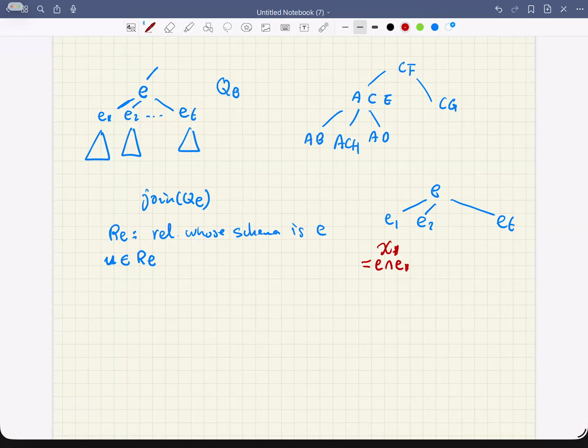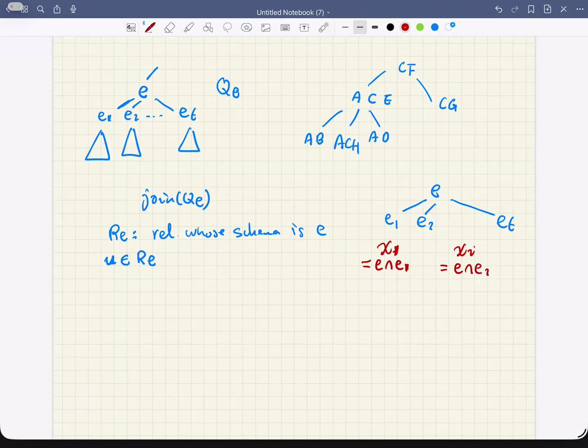So intuitively, this is how the subjoin AB sees the world. It's a little window for a tuple inside this subjoin to see the world. Let's look at every other child node.